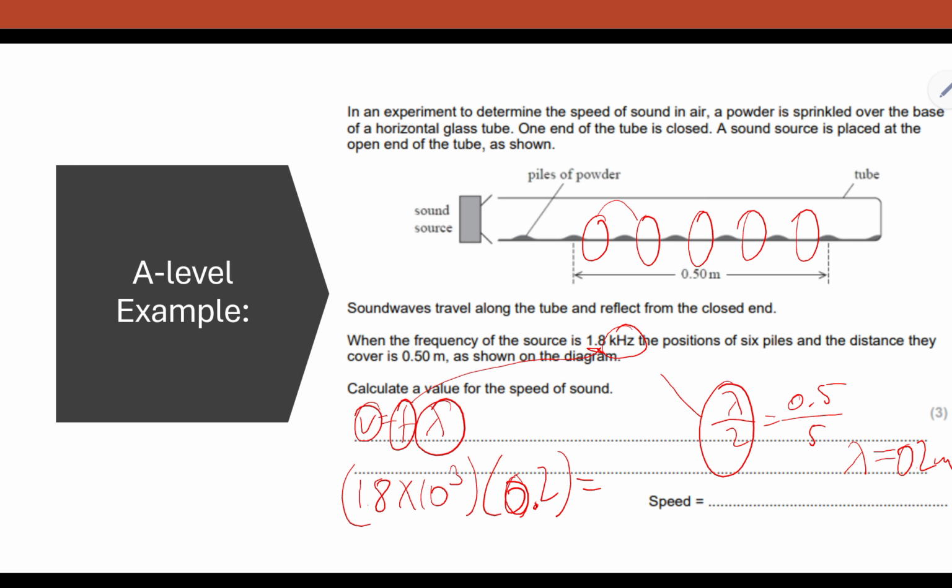And when we do that, we get 360. So the speed is 360 meters per second. Don't forget the units, as it is not given.